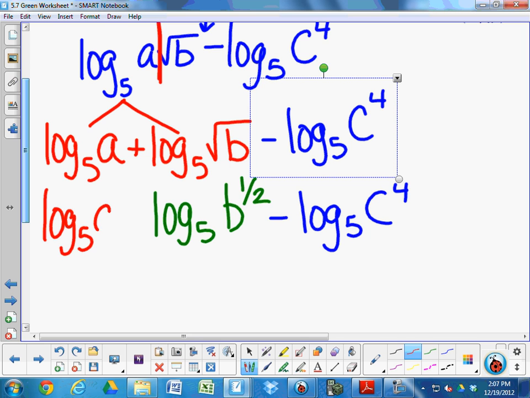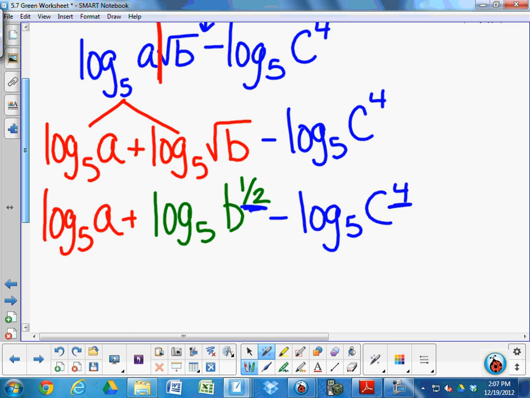Trying to split things up so your head doesn't hurt as much when doing this. And color code things and sort of do them slowly. Now, are there any exponents that could come out front? Yes, 2 of them. The 1/2 and the 4. So the log A won't get changed.